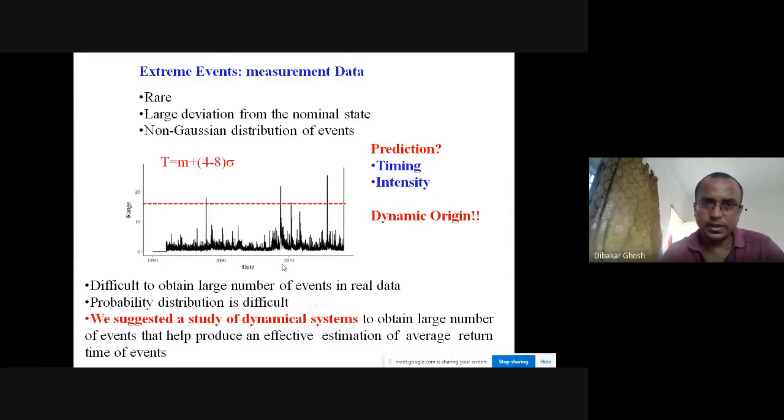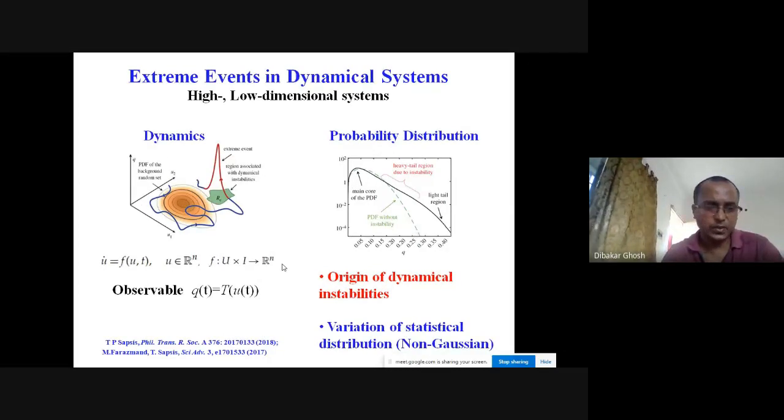So what is meant by XT events in a dynamical sense? Large data and large amplitude appear for a relatively shorter period of time compared to the regular behavior of the system. In the left figure, you can see the blue curve starting from here. Most of the time it will stay on this plane.